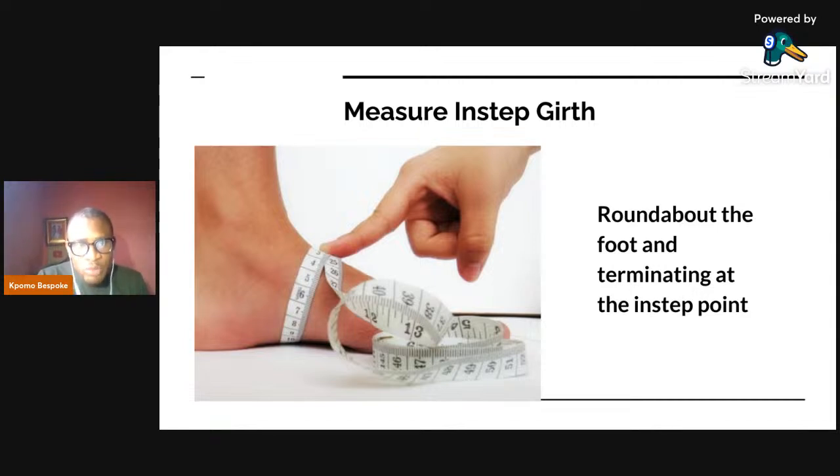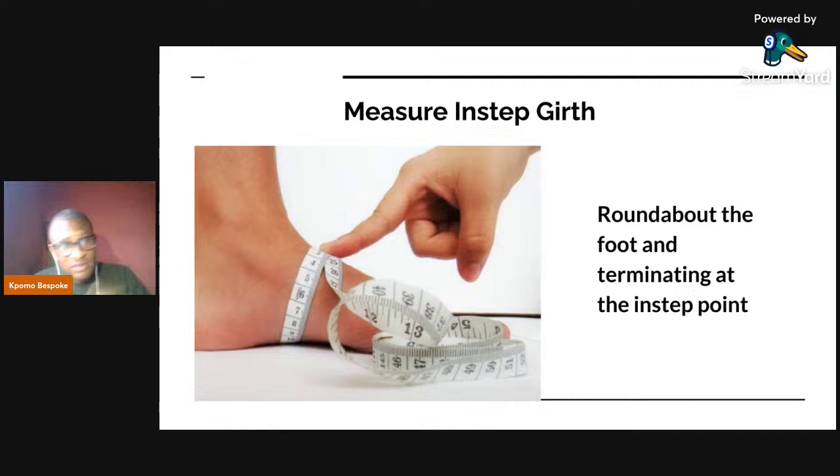So you take a measurement around that instep, especially if you are going to be making boots. What we are making in this class is something like a derby, a monk strap. So you really may not have a problem with your instep, being that you can open it, you can relax, and you can tighten the buckles around it if you have any issues with your instep.